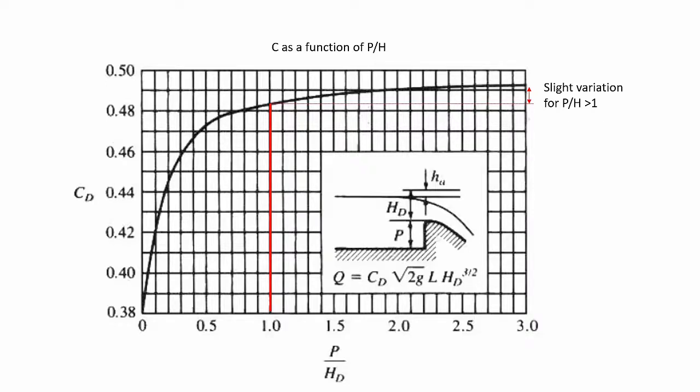As you can see in this graph, if p over h is greater than 1, that is, your weir head is less than your weir height, the coefficient actually does not change much. That means if you can keep the weir head less than the weir height, which is likely the case in this experiment, the coefficient is almost independent of the weir height. So the coefficients of these weirs could be comparable.